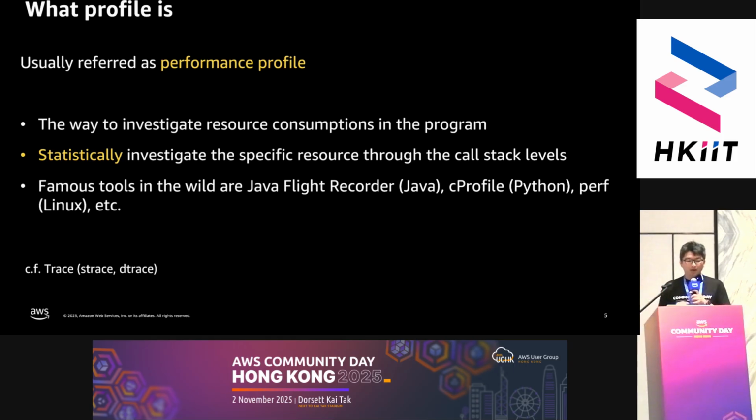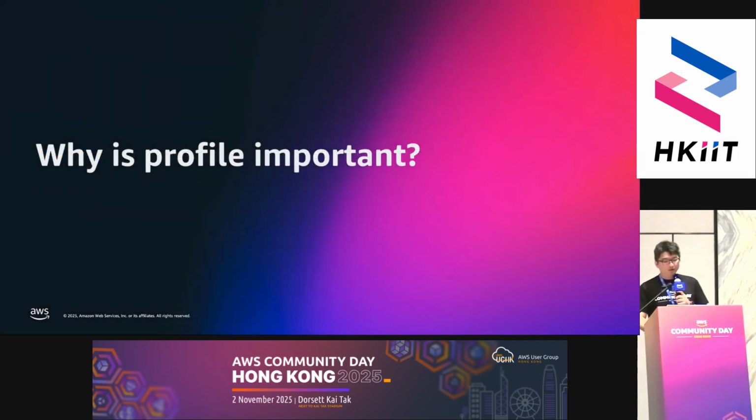The famous profiler tool for Java is Java Flight Recorder, which is JFR, a native performance profiler of Java. In Python, there's a standard library called cProfile, as well as a third-party tool called Line Profiler. And in Linux, if you'd like to get the profile from arbitrary executable files, you can use the perf command. Anyway, there are a bunch of profiler tools in the world.